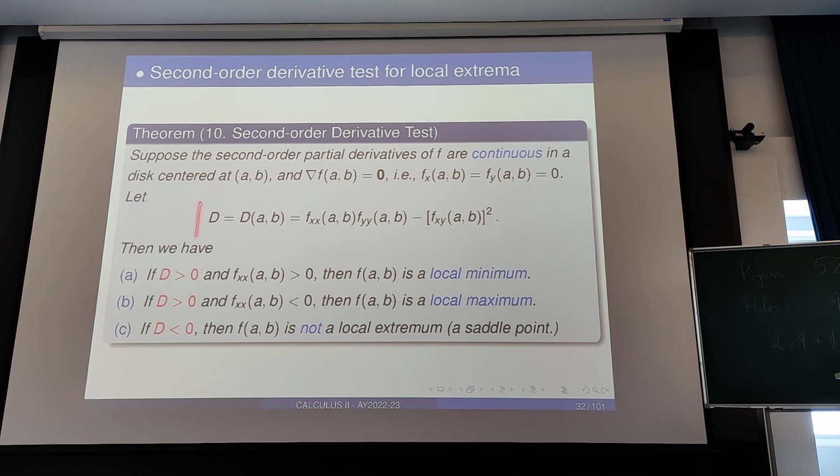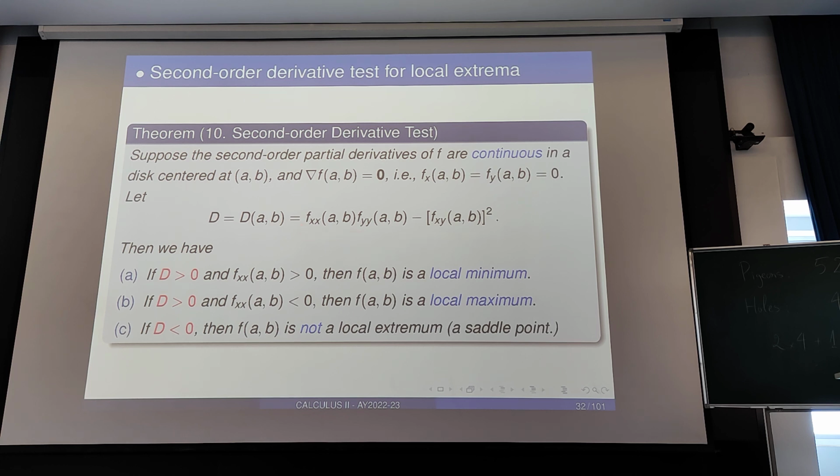So we want to know if this stationary point is a local extremum point or not, right? So let's consider the discriminant of a function f at (a,b). We denote it by the capital letter D, and here is the formula to calculate the discriminant D of f at (a,b). I will show you another form of this formula that might help you to remember this expression more easily.